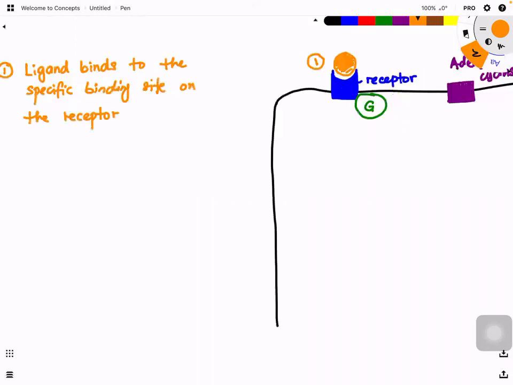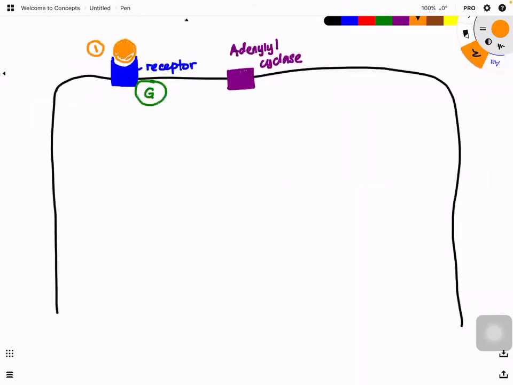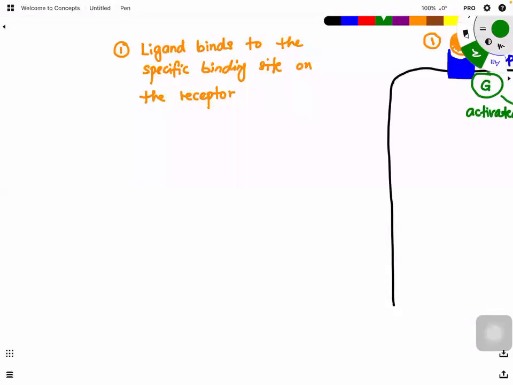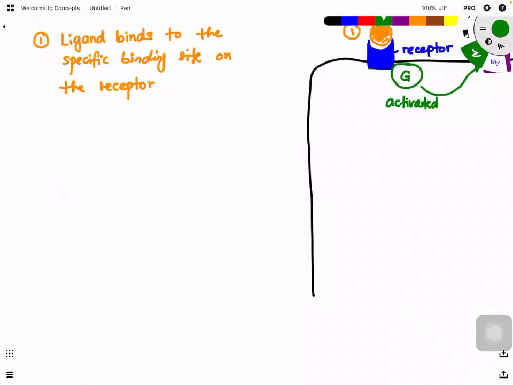Okay, so what is next? The G protein now is activated, and the activated G protein activates adenylyl cyclase.